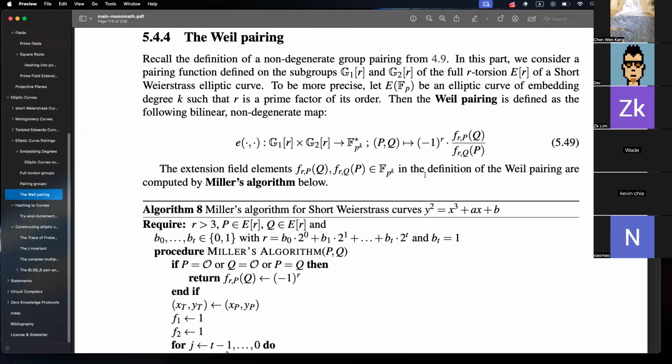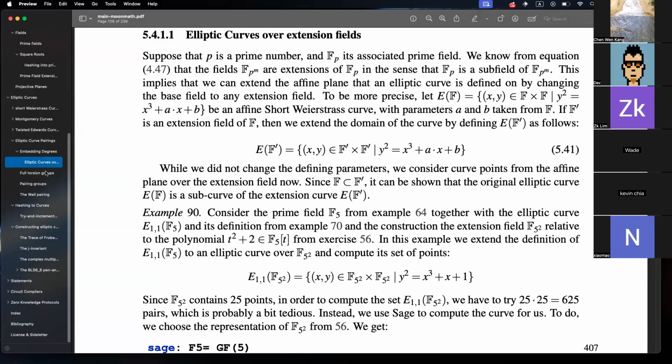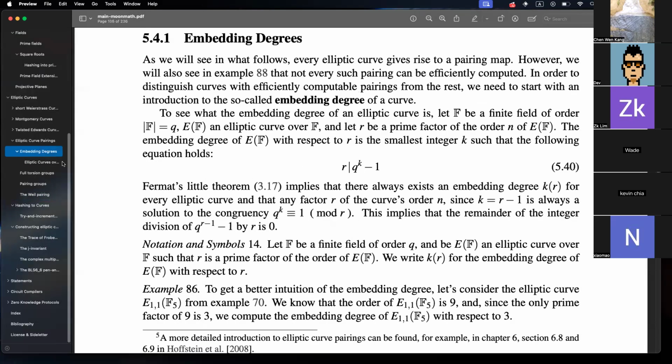From what's here, it's not really talked about, but one thing is you hopefully have a small embedding degree.